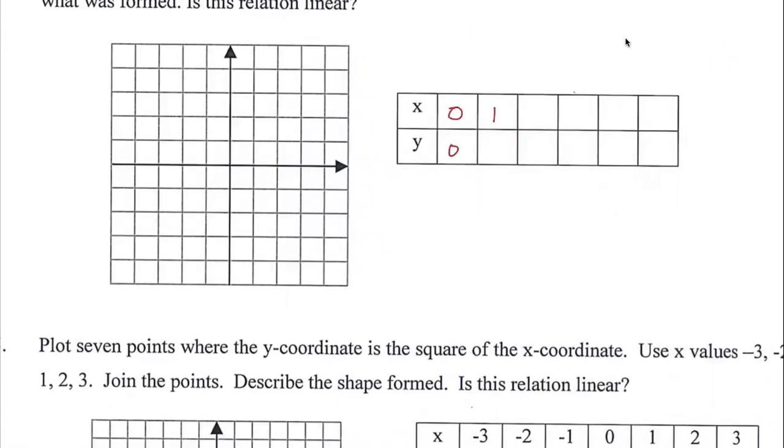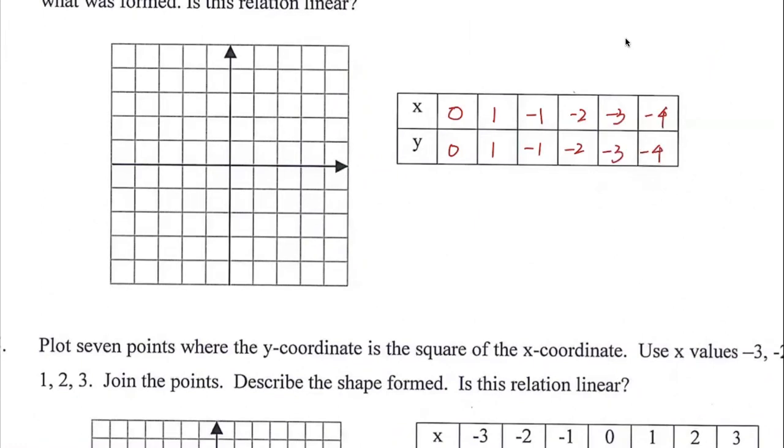If x is 1, then y has to be 1. If x is -1, then y has to be -1, etc. So let's just do -2, -2, -3, -3, -4, -4.